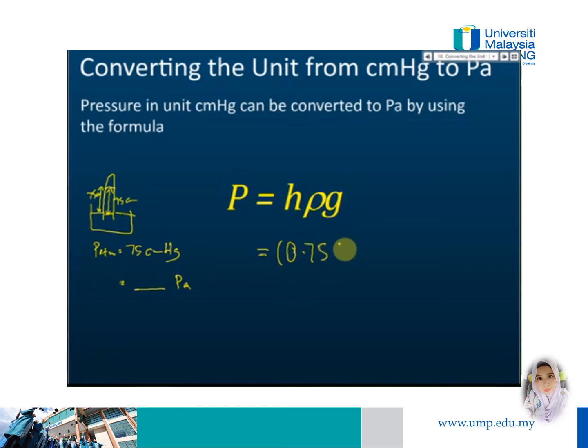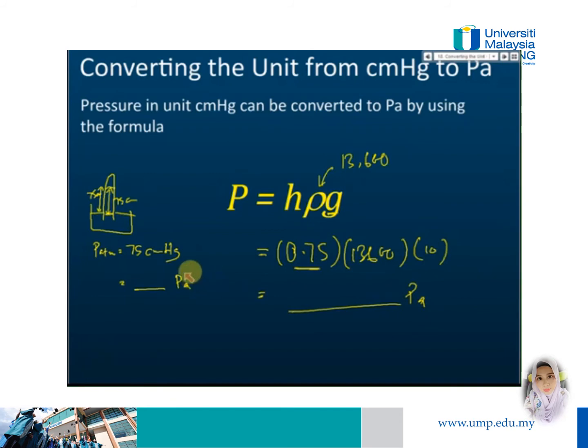So 75 cm is equal to 0.75 meter. Then you multiply by the density of mercury, which is usually given in the exam, 13,600. And g is the gravitational field strength, which is equal to 10. Then you get your answer in Pascal.